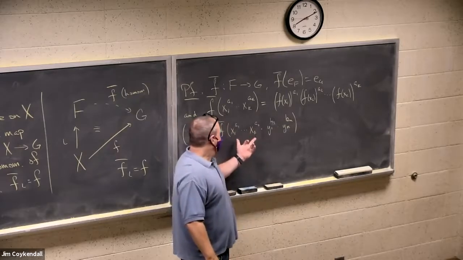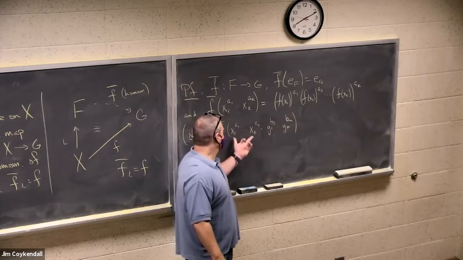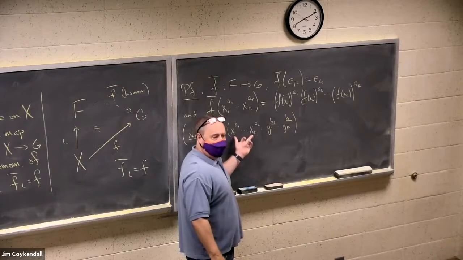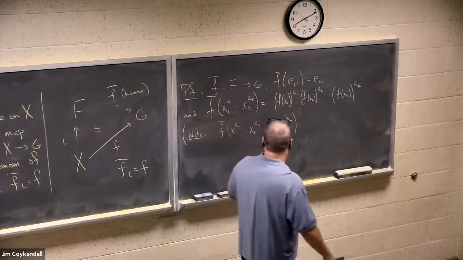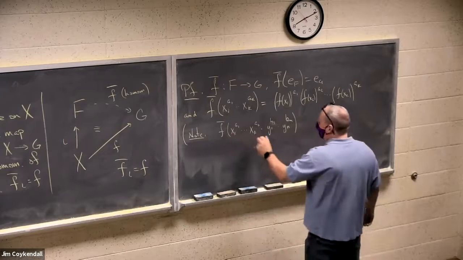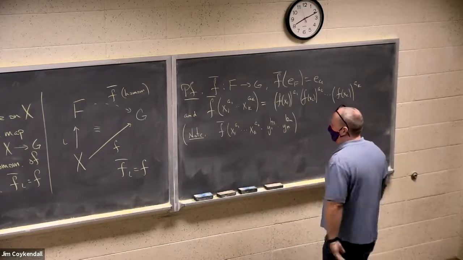Well, notice that it's pretty clearly a homomorphism because now I'm going to let the x's and y's be elements of my alphabet. They don't need to be distinct among each other, but they can be the same here.